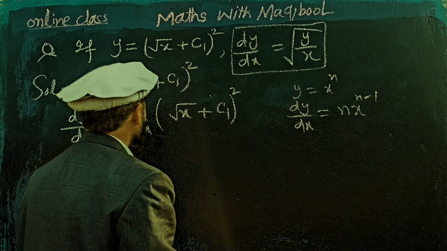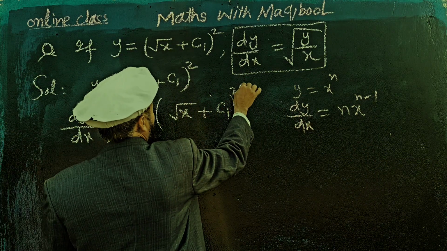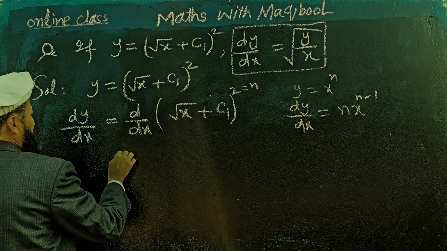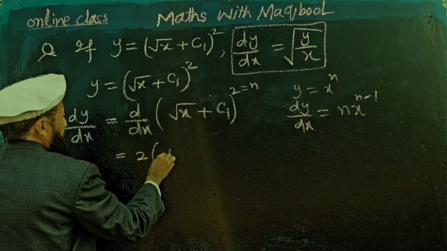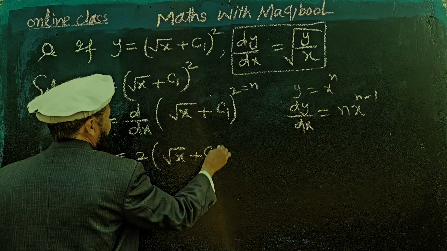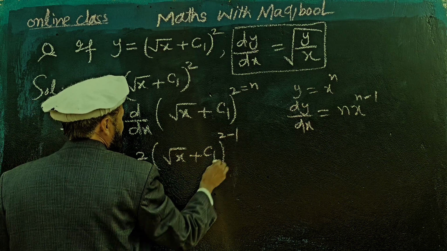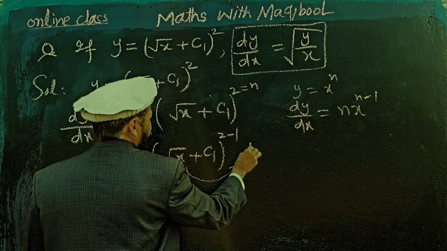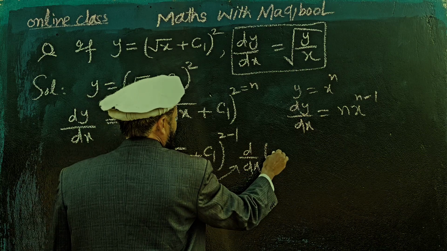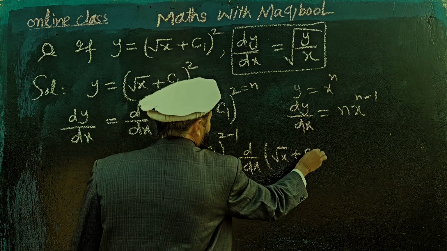According to this rule, we simplify this. Here the power is 2, this will be considered as n. Now we get 2 into (√x + c1)^(2-1), and further the derivative of this function, we take d/dx of (√x + c1).